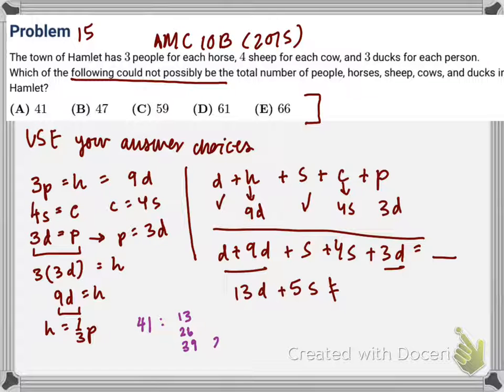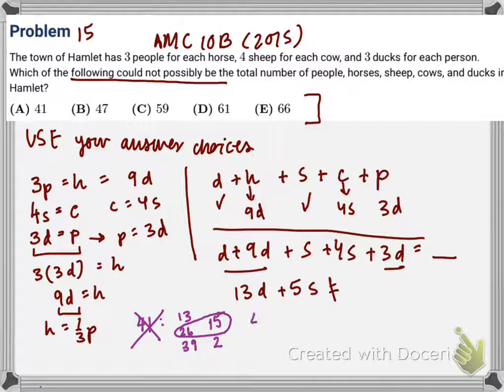When I have 39, I'm going to add 2. When I have 26, I'm going to do 41 minus 26, which is 15. And hey, I don't even really have to go further because I do see this can be written as the sum of a multiple of 13 and a multiple of 5. So 41's off my list.